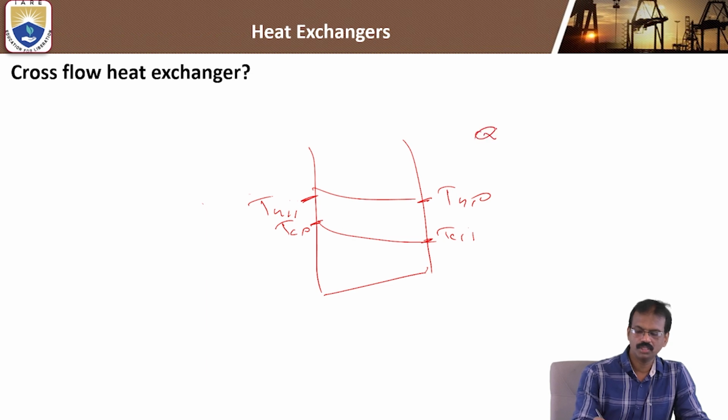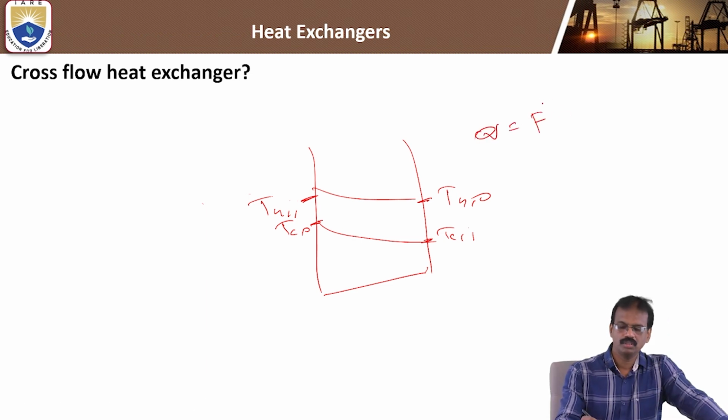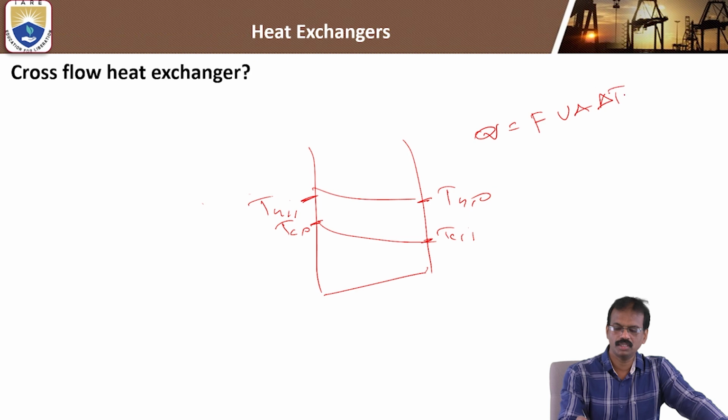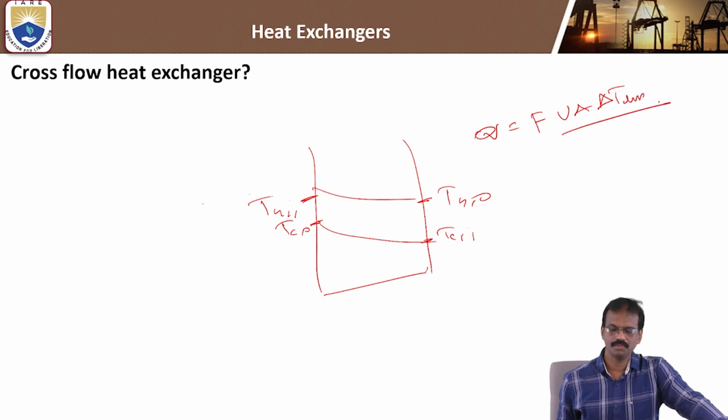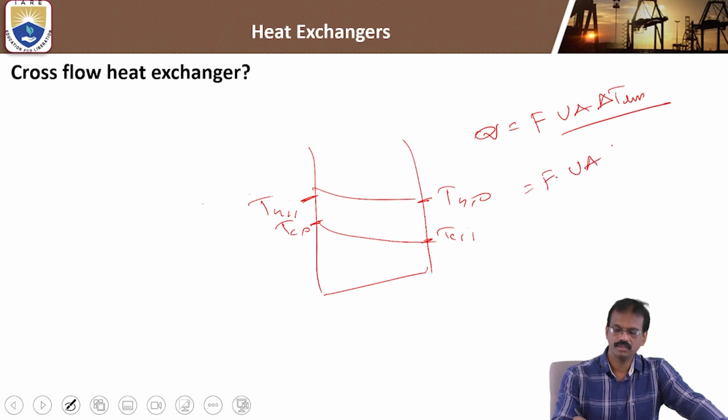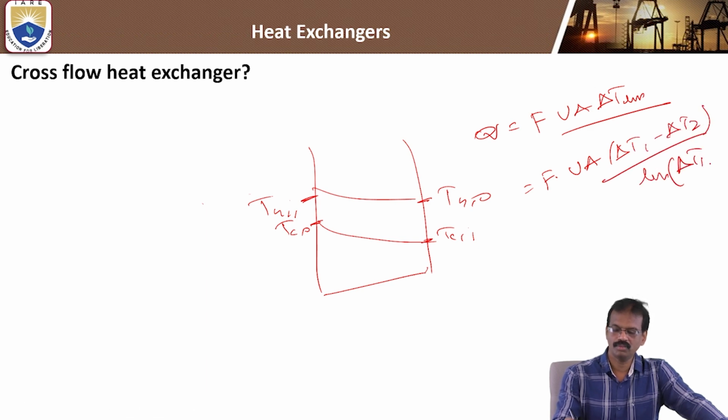Q is equal to F into, that is the factor, UA into delta TLM. So the remaining is the same, similar to parallel flow and counter flow: Q = F × U × A × (delta T1 minus delta T2) / ln(delta T1 / delta T2).